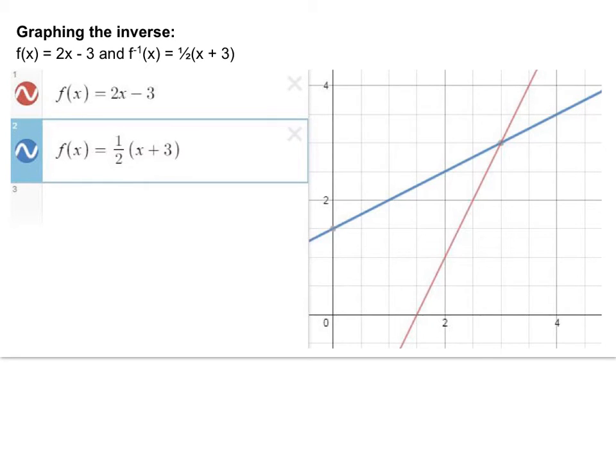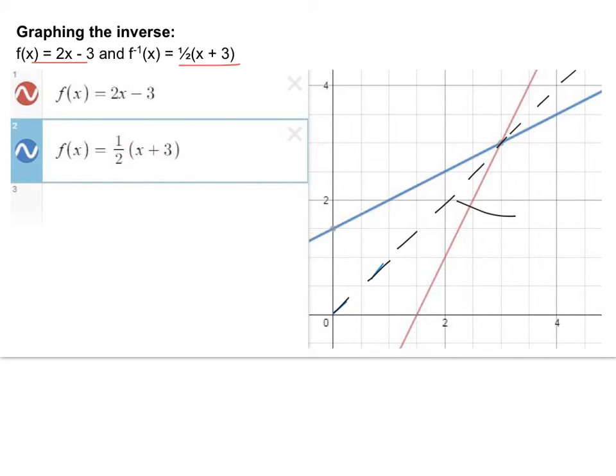Here I have 2 functions that are inverses. So what I'm telling you is this is f of x and this is the inverse of f of x. How we find those, we're going to find out in a minute. But graphically what we're looking at is I put them on there, the red one and the blue one, and what I want you to notice is they are reflections of one another. I'm going to use a black pen here.